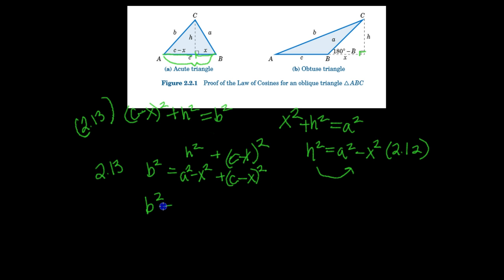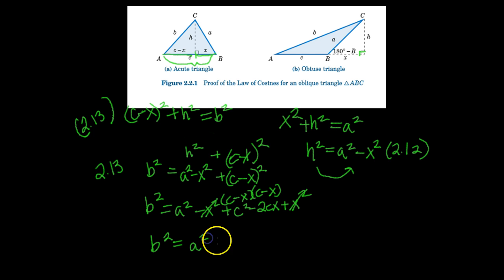Remember that's c minus x times c minus x, so that's plus c squared minus 2cx plus x squared. Now you can see that the x squareds cancel out, and if you clean this up, you're left with b squared equal to a squared plus c squared minus 2cx. We're getting somewhere, right? It's starting to look close.